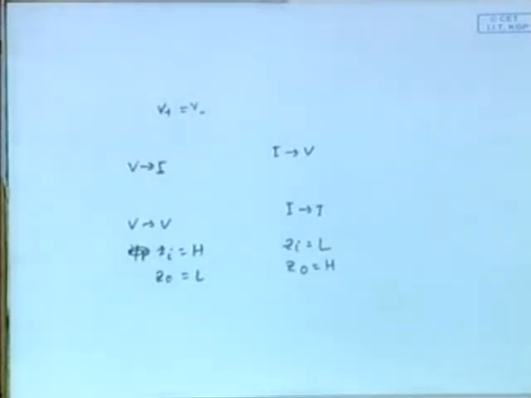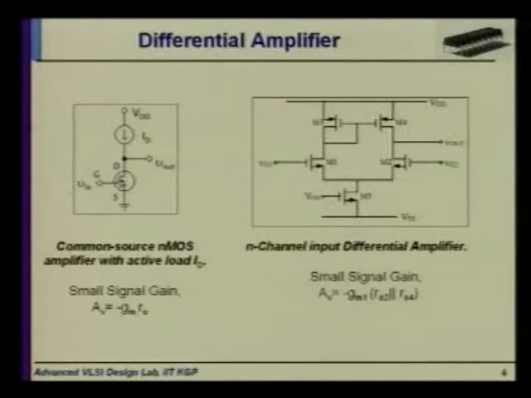From now on, when I say gain, we will strictly mean voltage gain. This is the basic structure of a common source NMOS amplifier with active load. You all know that the small signal gain of this structure is simply Av equals minus gm into R0. R0 is basically the drain to source resistance, equal to 1 by gds, which is equal to 1 by lambda IDS.